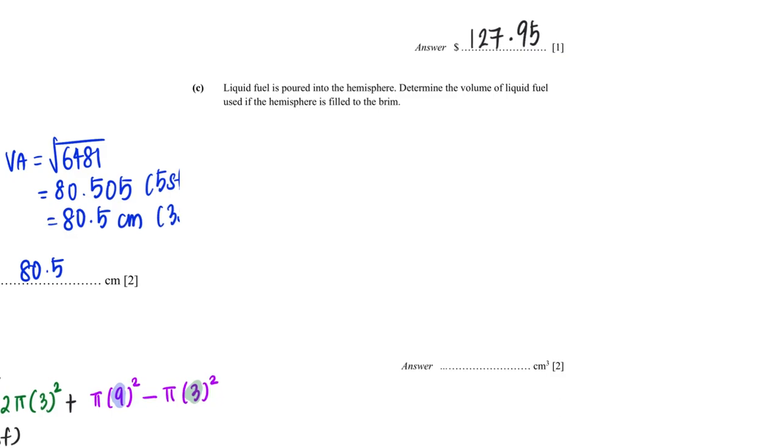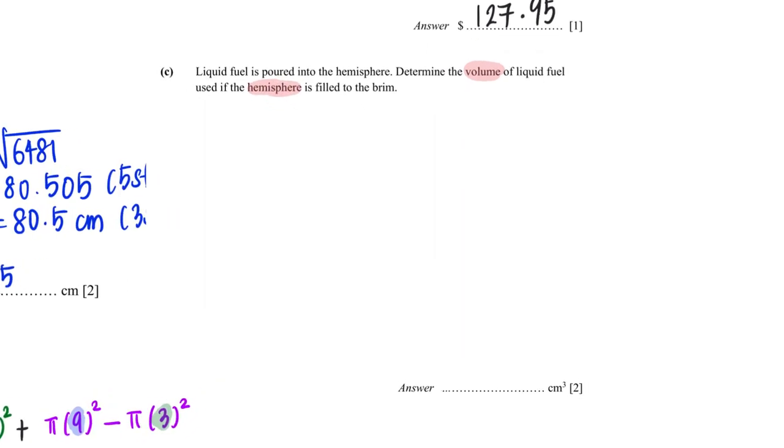We are going to fill liquid fuel into the hemisphere. What is the volume then of this liquid fuel? Okay, so this then requires us to remember the volume of a hemisphere.